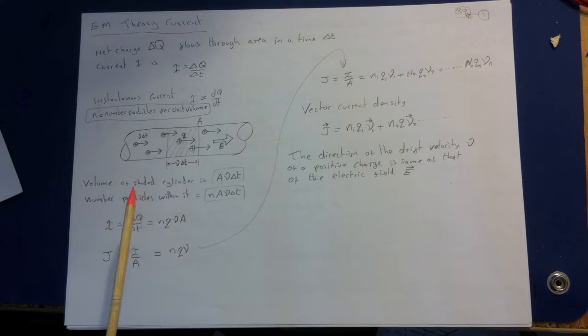I'll just repeat here: the volume of the cylinder is A v delta t, and the number of particles within it is n A v delta t.